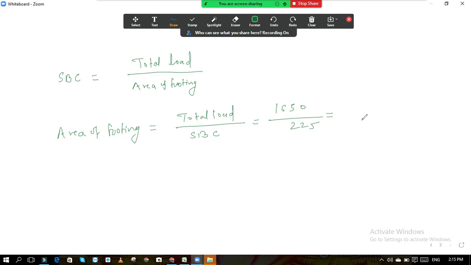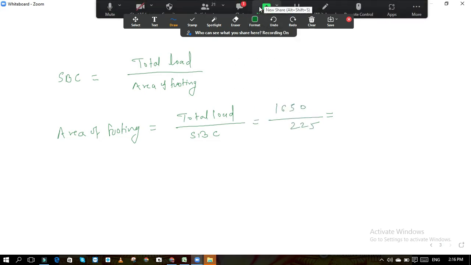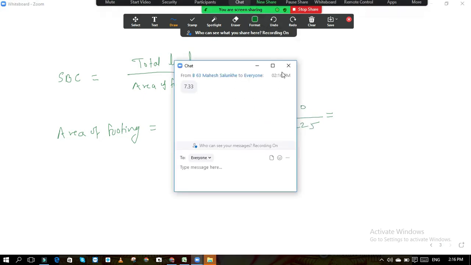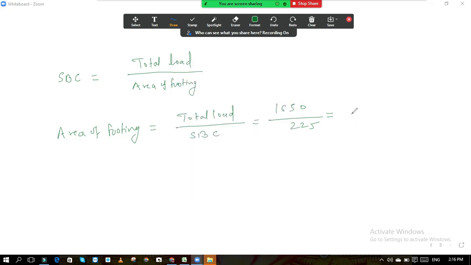Let me know the answer, area of footing. 7.33. Okay. The answer is 7.33 meters square.